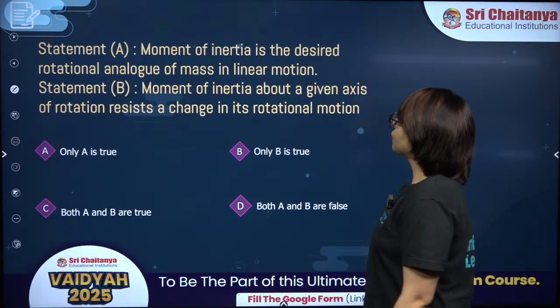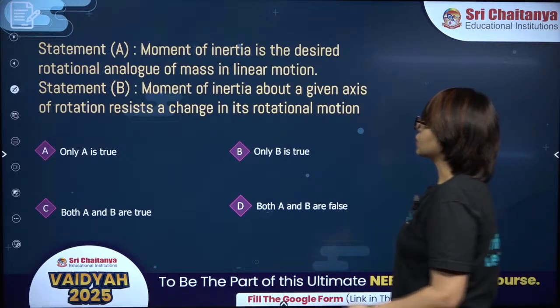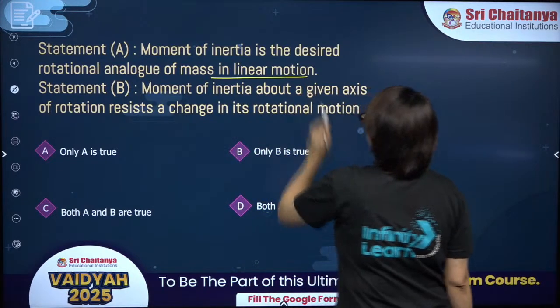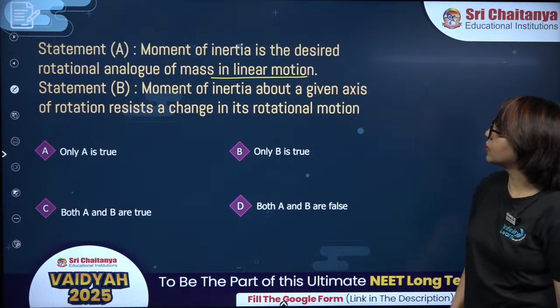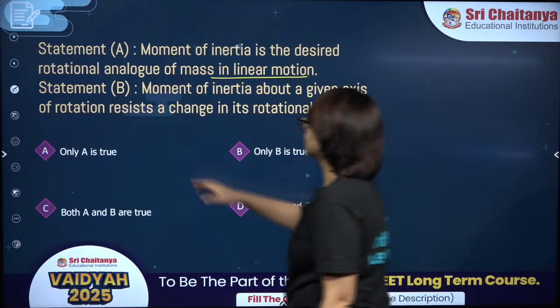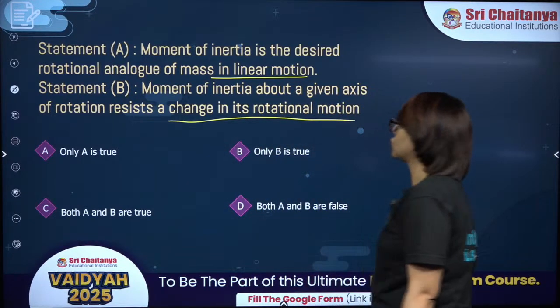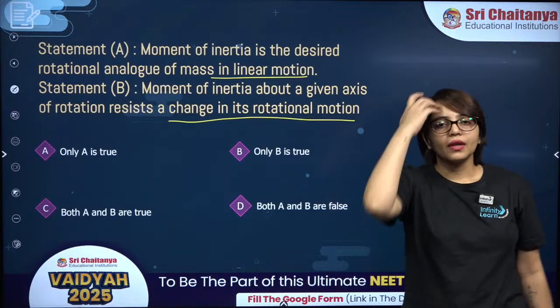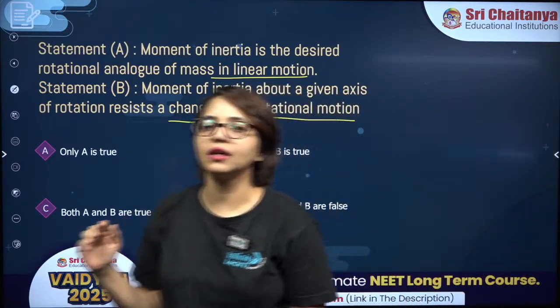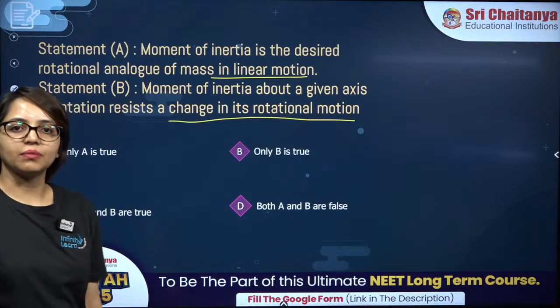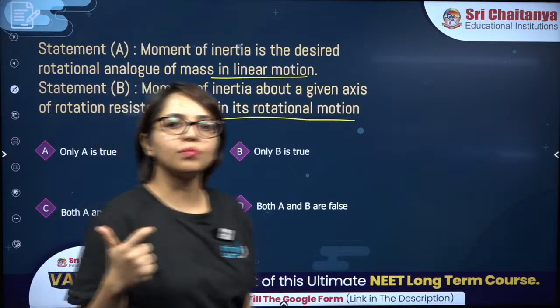Statement A, moment of inertia is the rotational analog of mass in linear motion. Statement B, moment of inertia about a given axis of rotation resists a change in its rotational motion. Inertia is directly proportional to mass.